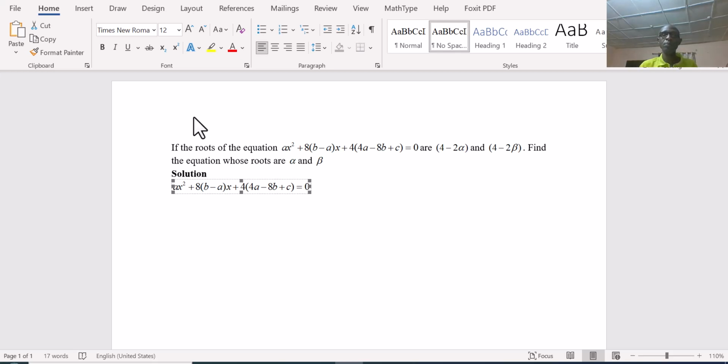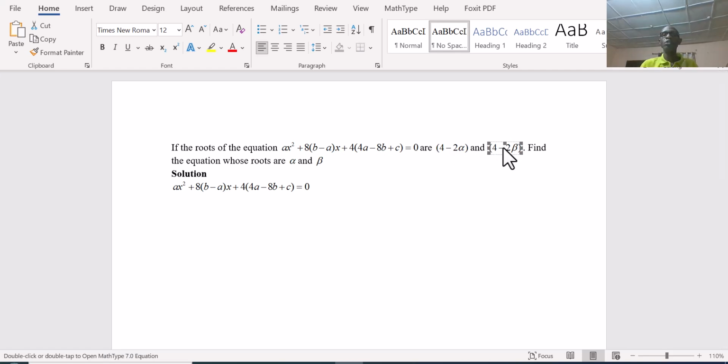Now, this problem is like we are working in the reverse. They've already derived the equation whose roots are 4 minus 2 alpha and 4 minus 2 beta. Before they could have gotten this particular equation, they must have started from alpha and beta.